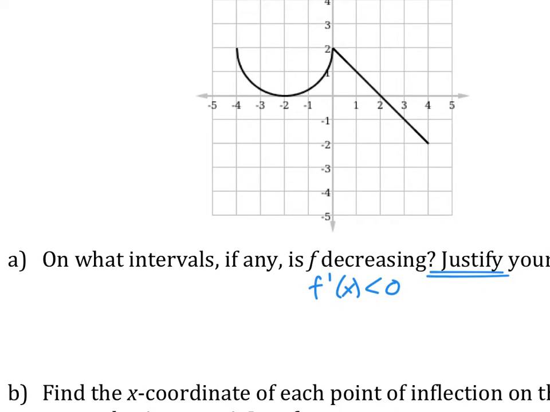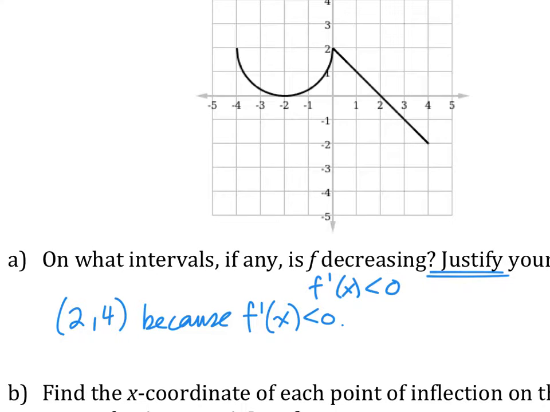All right, Chen, do you have an answer? Where is it decreasing? From 2 to 4. Yeah, from 2 to 4. And the reason? F prime is below the x-axis. Yeah. Okay, so you want to be specific and say f prime of x is less than 0.